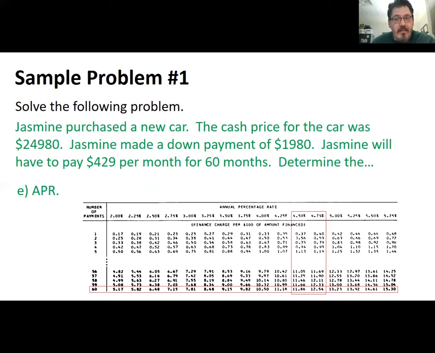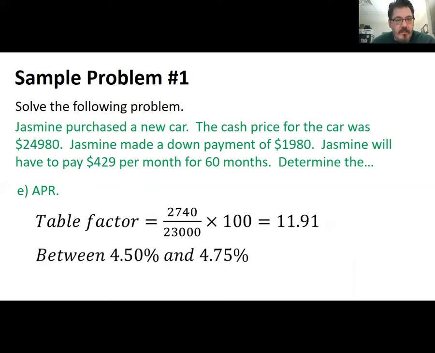Remember, our number was 11.91. So her interest rate is somewhere between those two values. The corresponding interest rates are 4.5% and 4.75%. It's probably closer to the 4.5% because 11.91 was closer to the 11.86 in the table. So at this point, we would call her interest rate essentially 4.5%. She got a pretty good deal in terms of an interest rate on this particular loan.